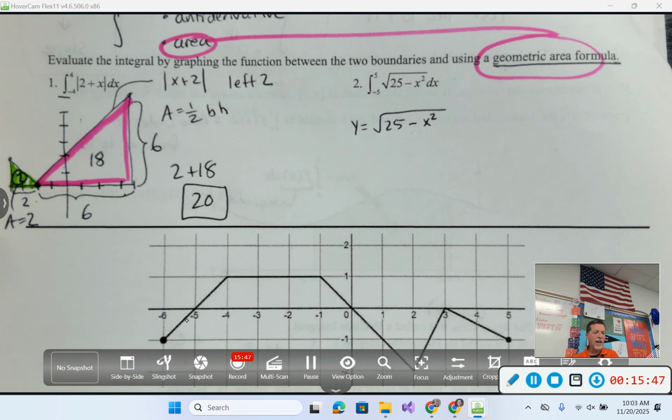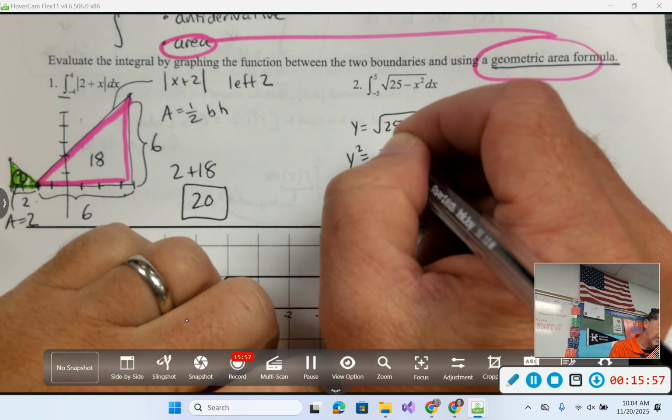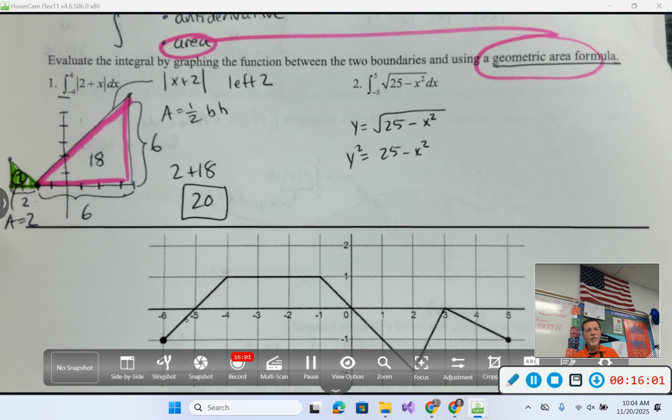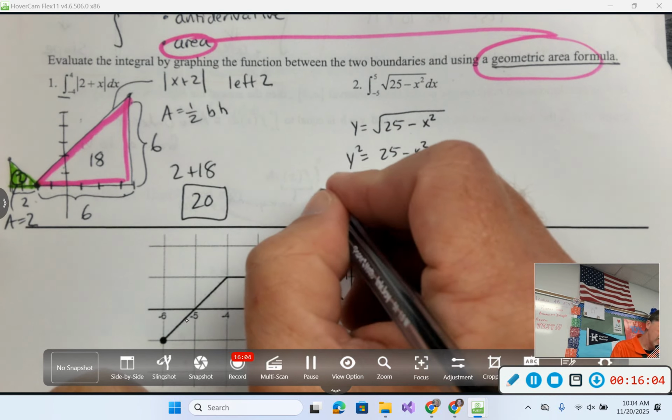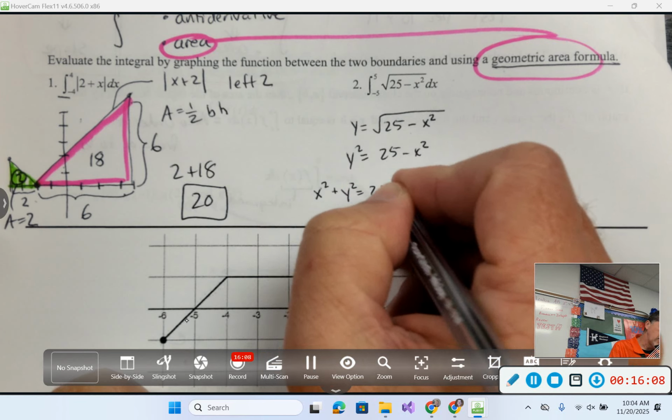Well, it's already solved for y. What could I do to get rid of the square root? Square both sides. So y squared equals 25 minus x squared. And then if I move the x squared over, x squared plus y squared equals 25.